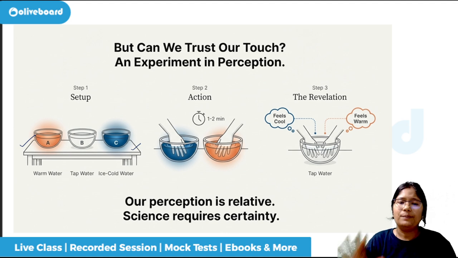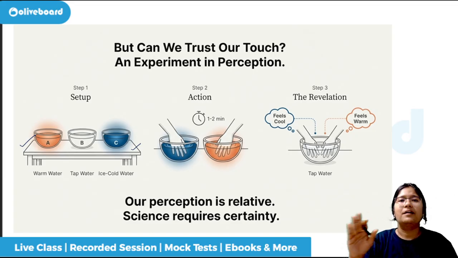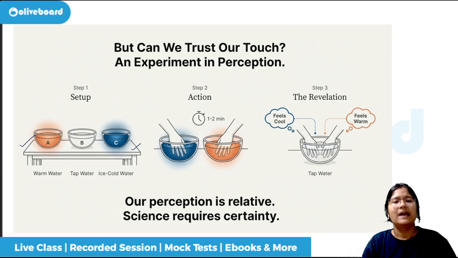Now what we do is place one hand on the warm water and the other hand on the cold water. Say our right hand is on the warm water and our left hand is on the cold water. After keeping them there for 2 minutes, when we place both our hands in the tap water, we will notice that the hand which was previously in warm water feels the tap water as cold, and the hand which was in the ice cold water feels it as warm.